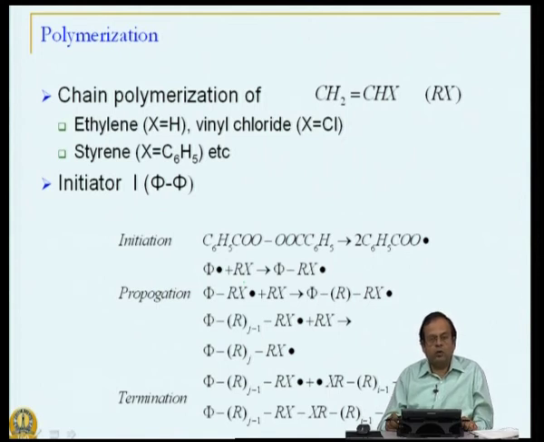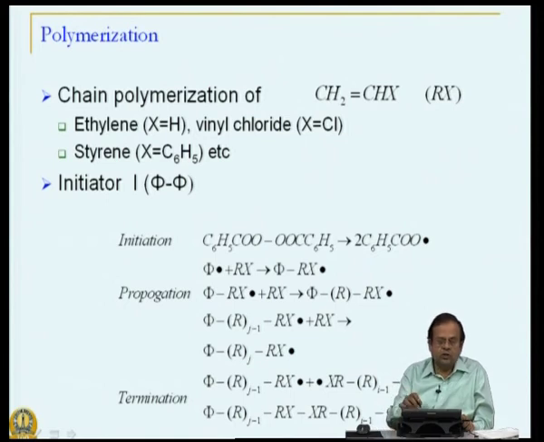But we will look at only one such example here, that is chain polymerization, which is also a chain reaction mechanism. Okay. So, in particular we are looking at polymers whose monomer can be represented as CH2 double bond CHX.